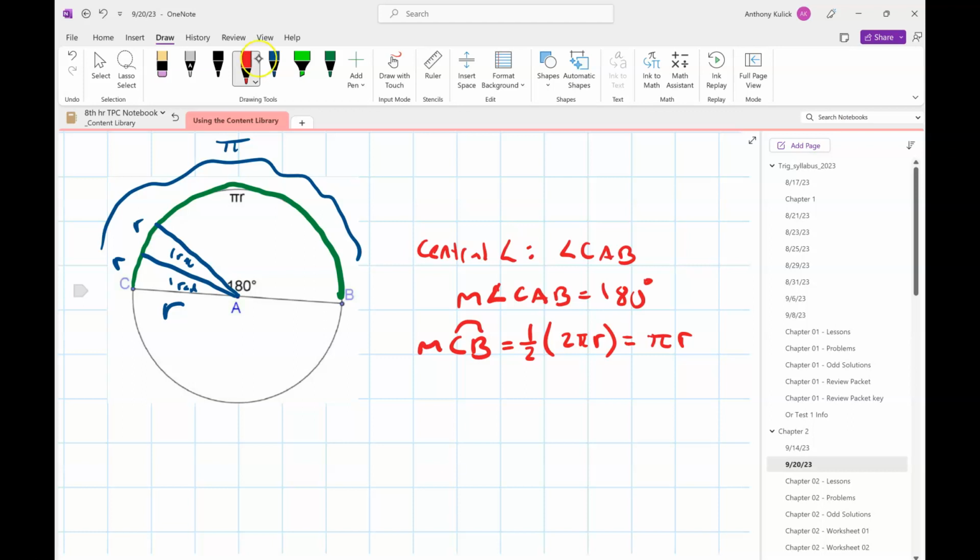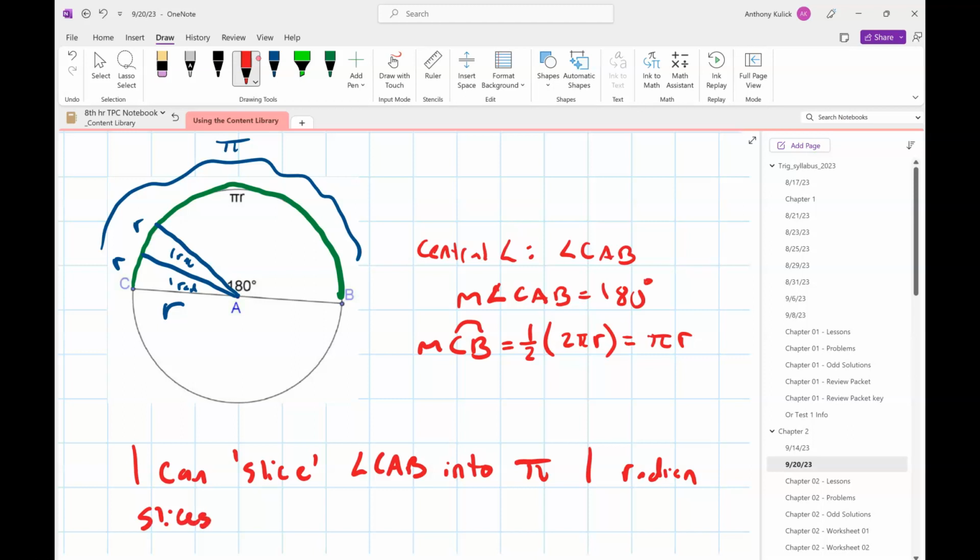Okay. So here's the takeaway, right? We can slice this angle CAB into pi 1 radian slices, which tells us the measure of angle CAB would be pi radians.